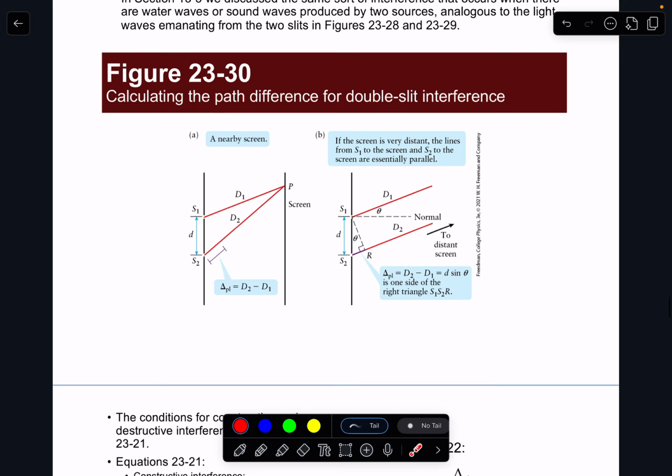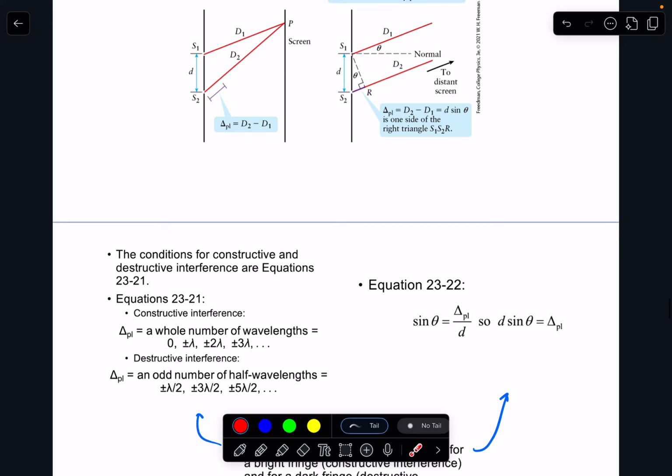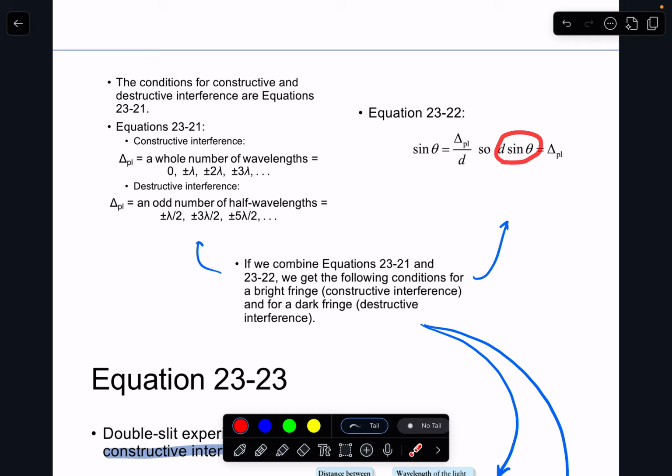The path length difference, which is this purple piece right here, ends up being equal to d sine theta, just by using right triangle trig. So we combine the path length difference being a whole number or a half number with the path length difference from geometry being d sine theta to get the constructive and destructive interference conditions.